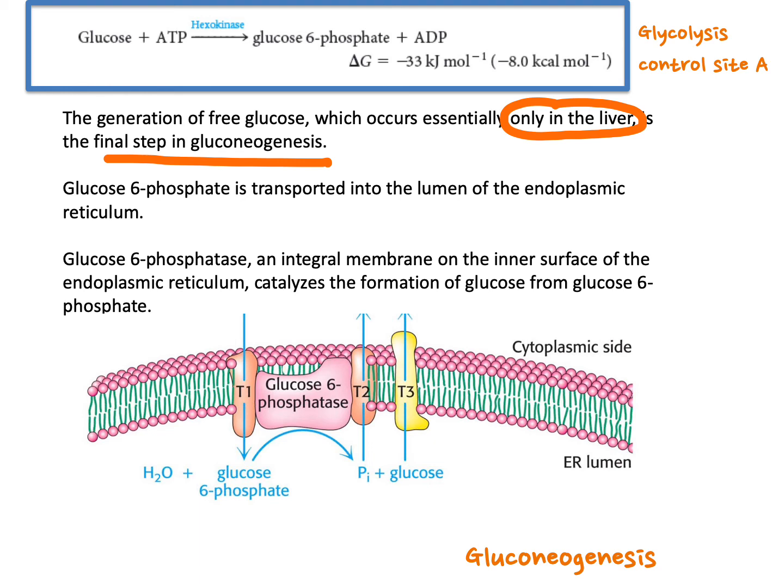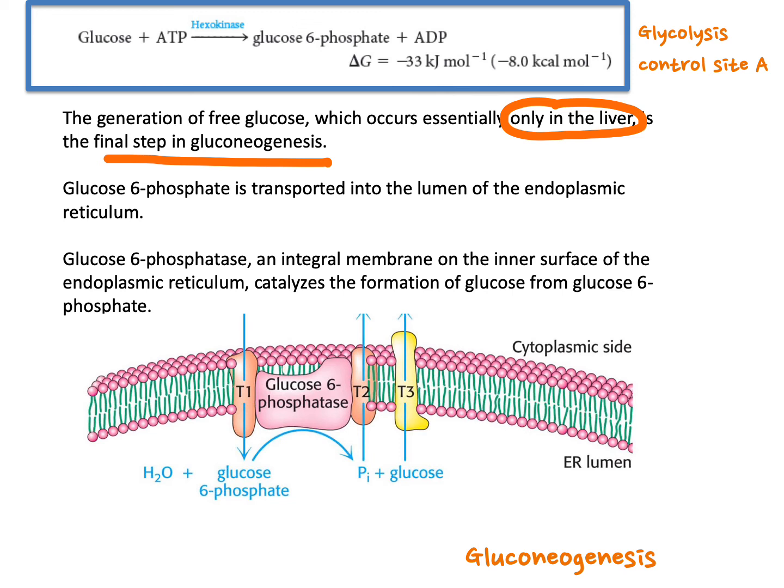In glycolysis, the control site I marked as A is glucose coupling with 1 ATP, changed to glucose 6-phosphate with hexokinase as the enzyme. That reaction is irreversible.